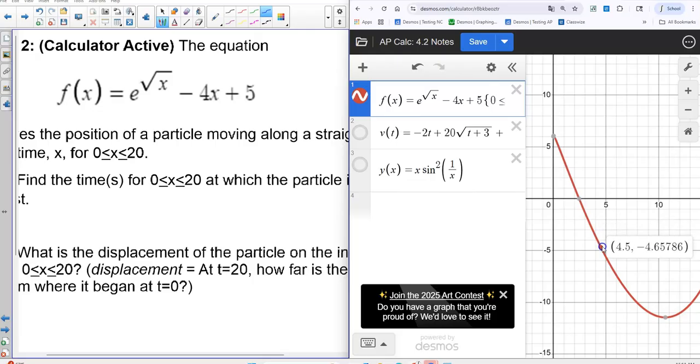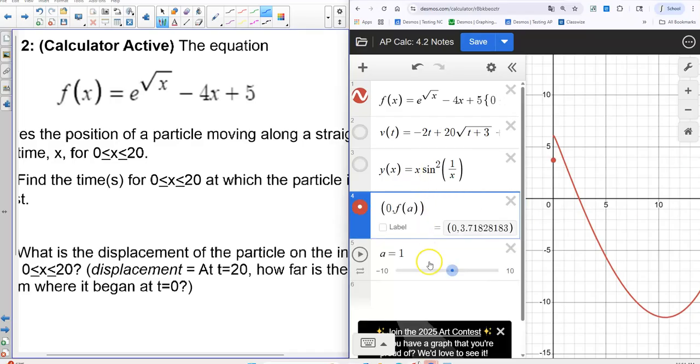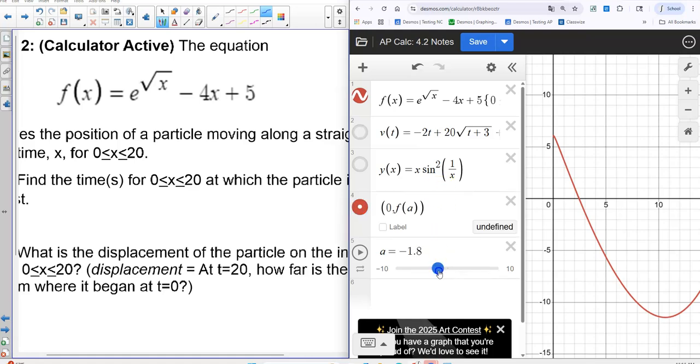Because I am here on this. In fact, let me see if I can do this. I go A, F of A. Now let's do 0, F of A. No, I want the other way.